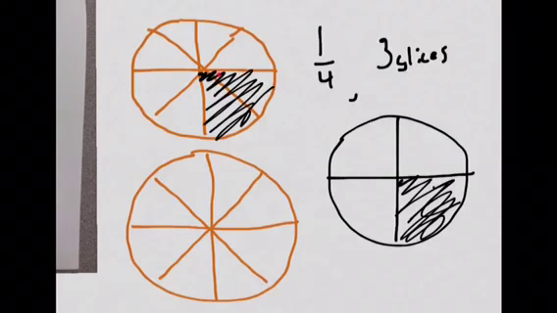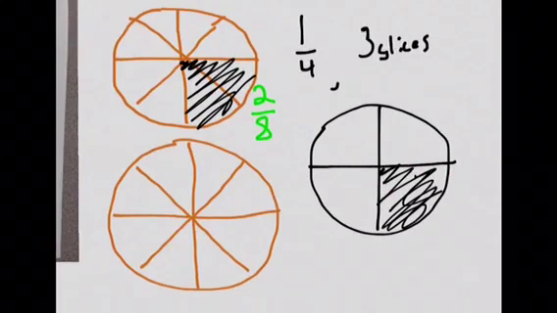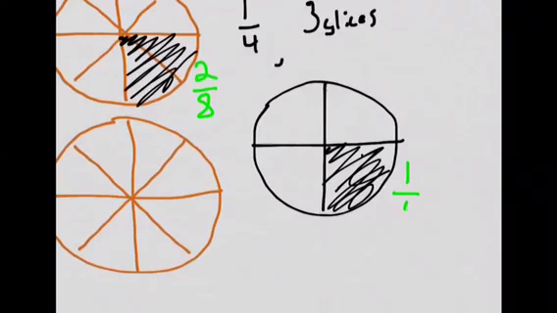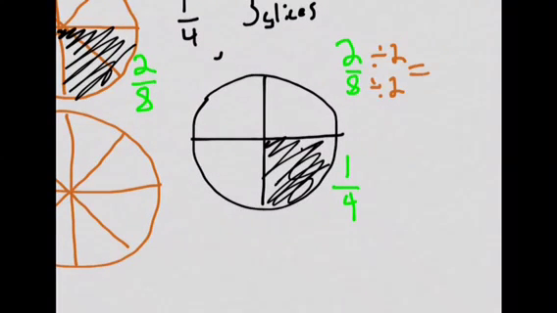Notice how these look the same here. But how many slices is this? Well, this is 2 8s. And this here is 1/4. But they look the same, right? And they exactly are. They are, because now if I take 2 8s, and if I divide both the numerator and the denominator by 2, I end up with 1/4.